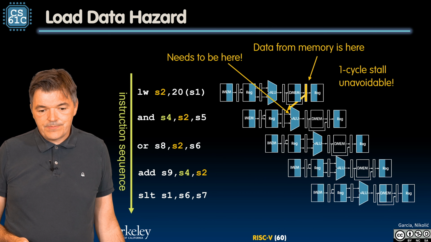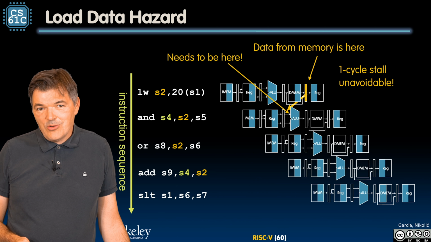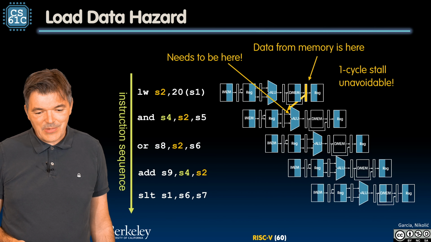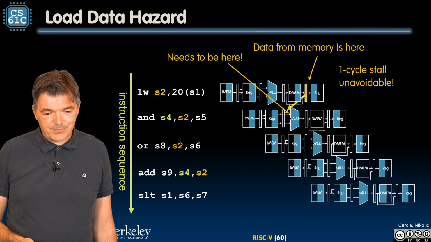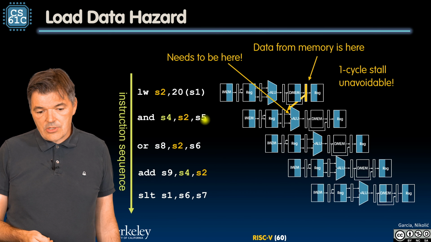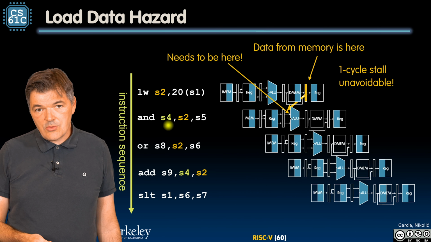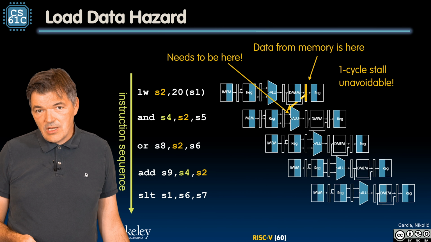What can we do? We need to stall. There is no practical way. We don't have a time machine yet, not in compute hardware or anywhere else. So this AND instruction that needs S2 as its source operand cannot proceed until it becomes valid.